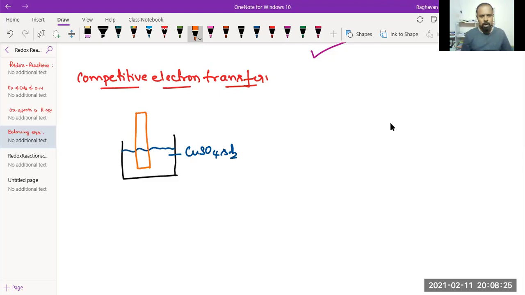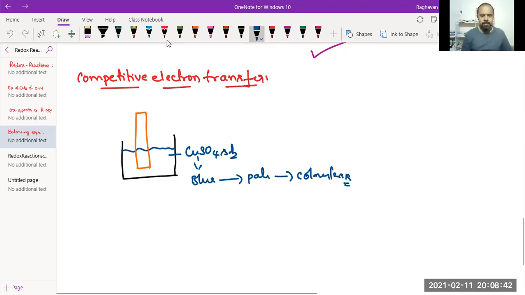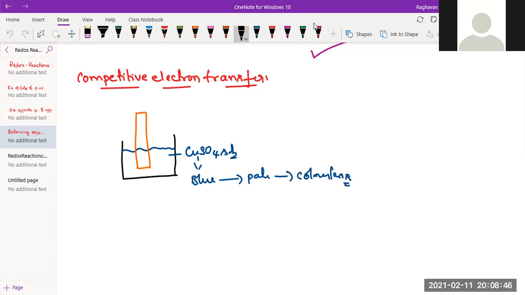After some time, the blue color of copper sulfate turns pale blue, then becomes colorless. Can you tell me what could be the reason? Copper is deposited on the rod.